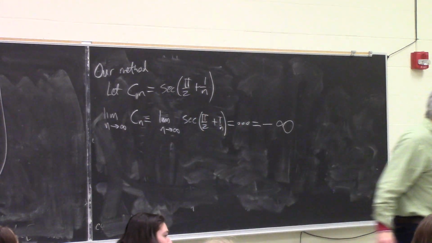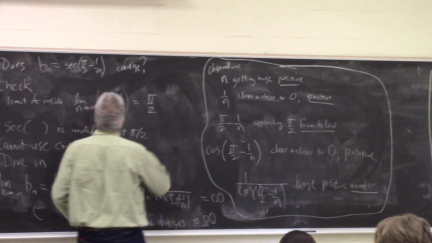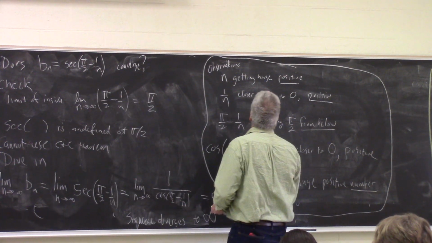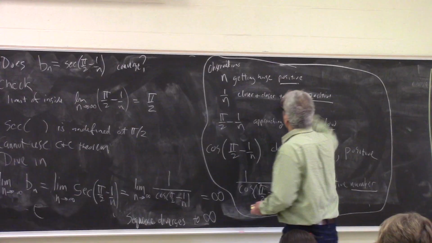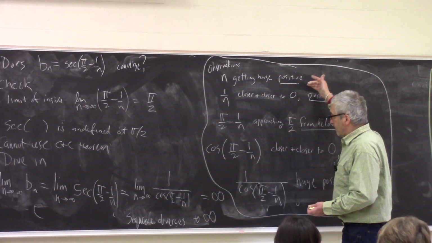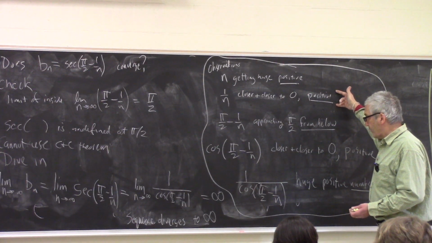Well, let's go over here to the details. In this example, I have minus 1 over n. So how did that affect us? Well, n is getting huge and positive, so this is getting closer and closer to 0 and positive.